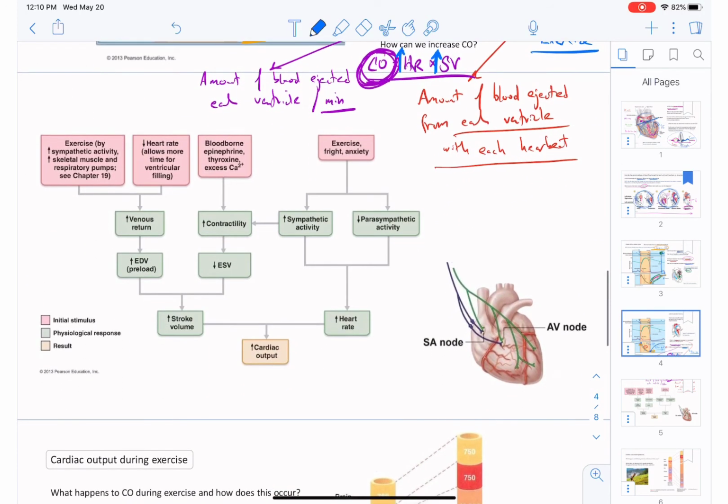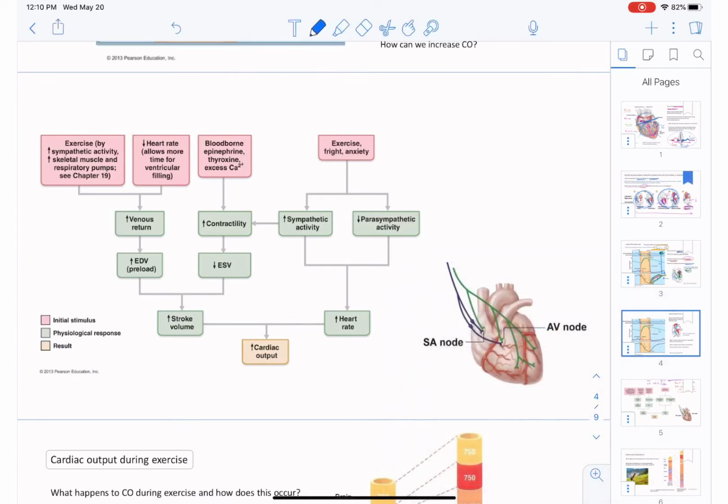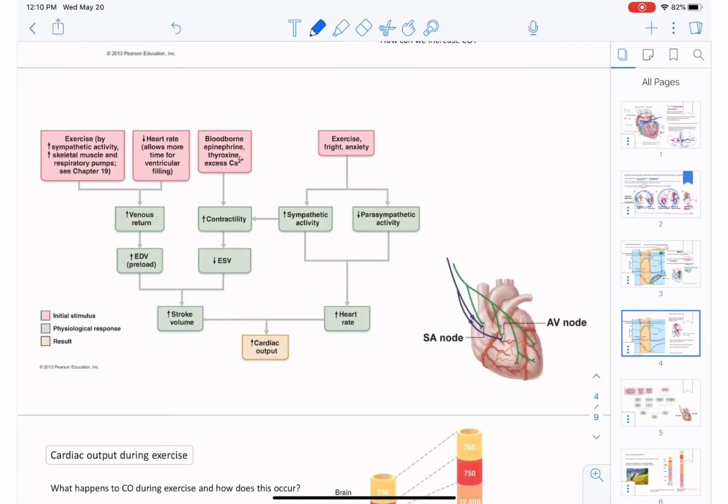And that's what this figure is representing down below. So this is our end goal down here. We want to increase cardiac output. How are we going to do that?